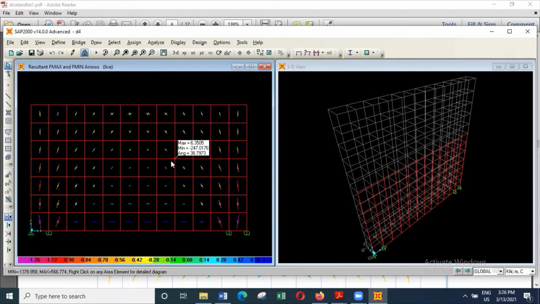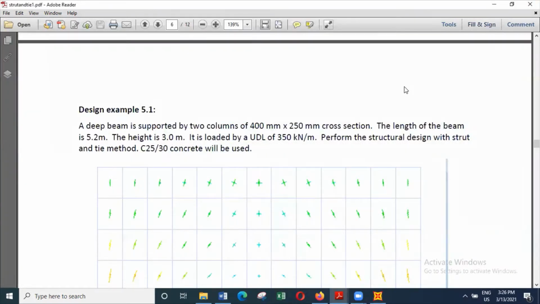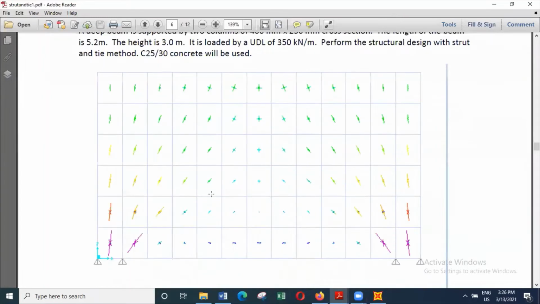So basically, if you look at this situation, these are the maximum stresses. You'll see that the loads are transferred this way, and in these areas the loads will be transferred in a reasonably vertical direction, and after that it will be transferred into inclined direction.